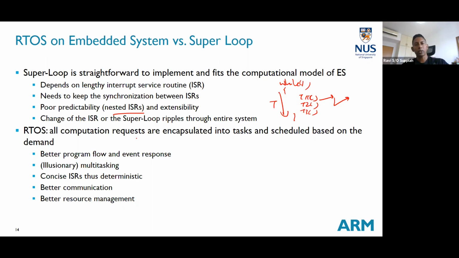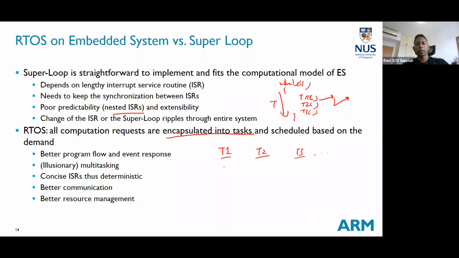All right. So with RTOS, the idea is instead of looking at it in terms of functions, you encapsulate your functionality into tasks, and then you have a scheduling mechanism. We are not going to think in terms of function A, function B, function C. We are going to think of it in terms of task 1, task 2, and task 3, and each task will have a specific objective to fulfill.